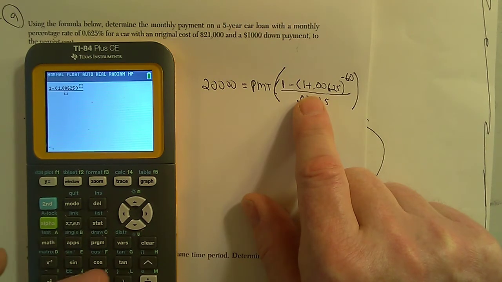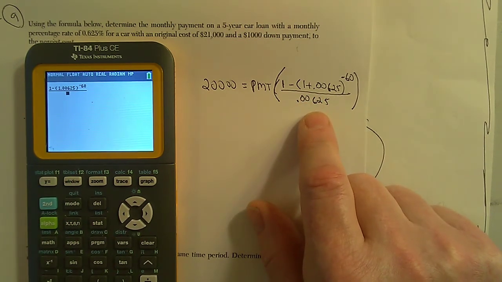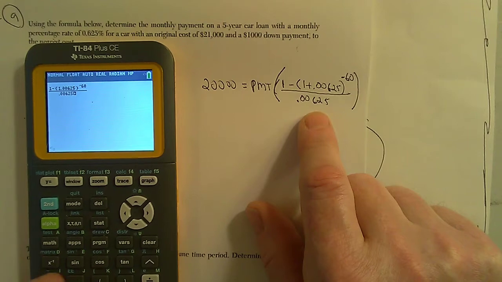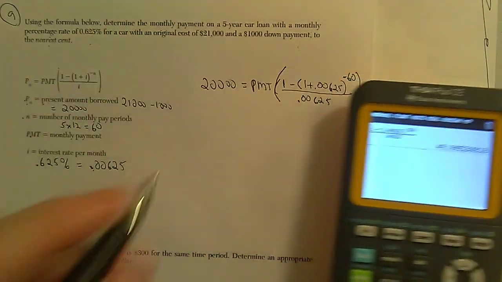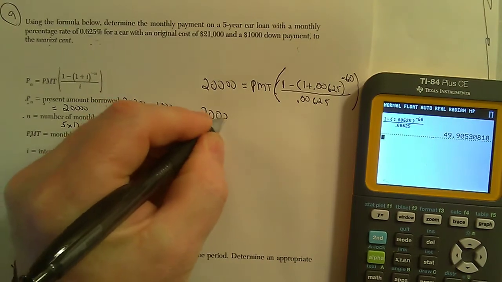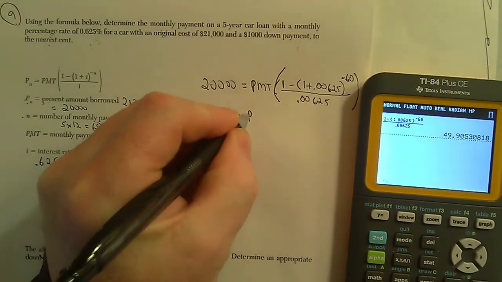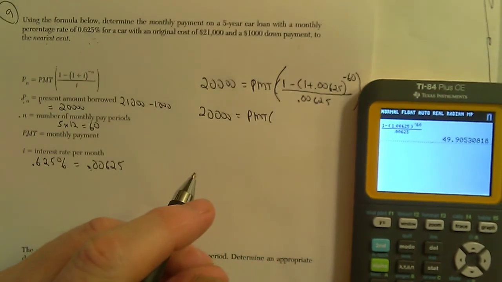Parentheses raised to the negative 60. That's the top of the fraction. 0.00625 in the bottom. Okay. So now 20,000 equals the payment times this whole guy right here.